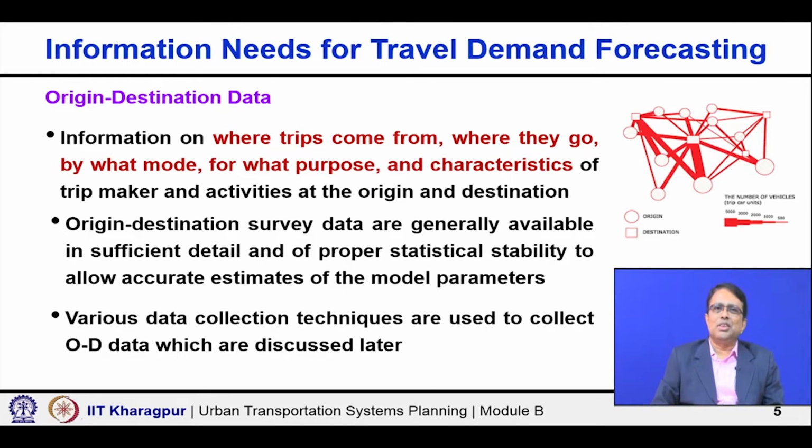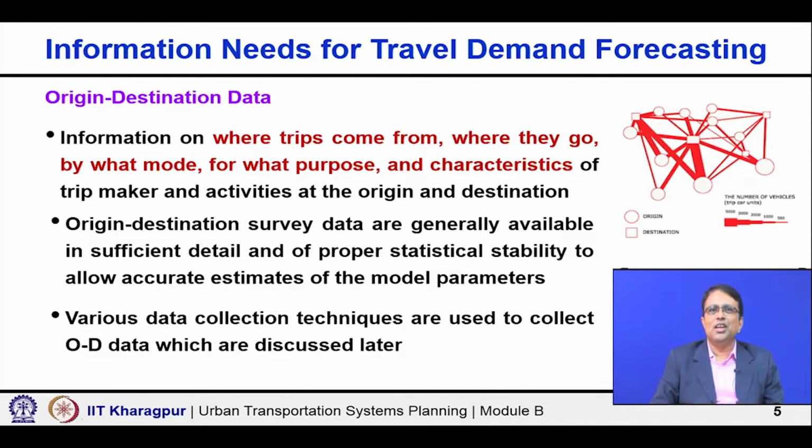Origin destination data provides information on where trips come from, where they go, by what mode the trips are being made, for what purpose the trips are made, the characteristics of the trip makers, and the kind of activities at the origin zone and the destination zone. So, practically a very good amount of information we get from the OD data.